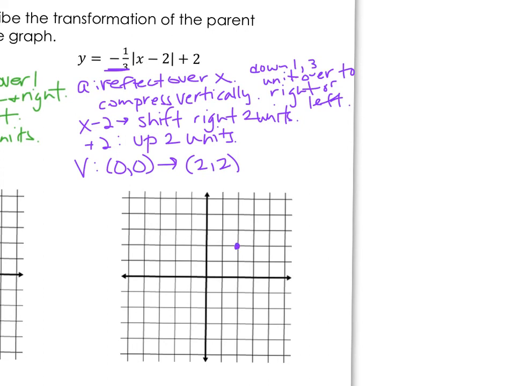The a value is negative 1/3. From that vertex, I'm going to count down 1 and over 3 to the right, down 1 and over 3 to the left, so it's symmetrical. Now over on the right-hand side, I'm kind of stuck already. If I count down 1 and 3 to the right again, I'm going to be somewhere over here. So we'll just kind of approximate that location.